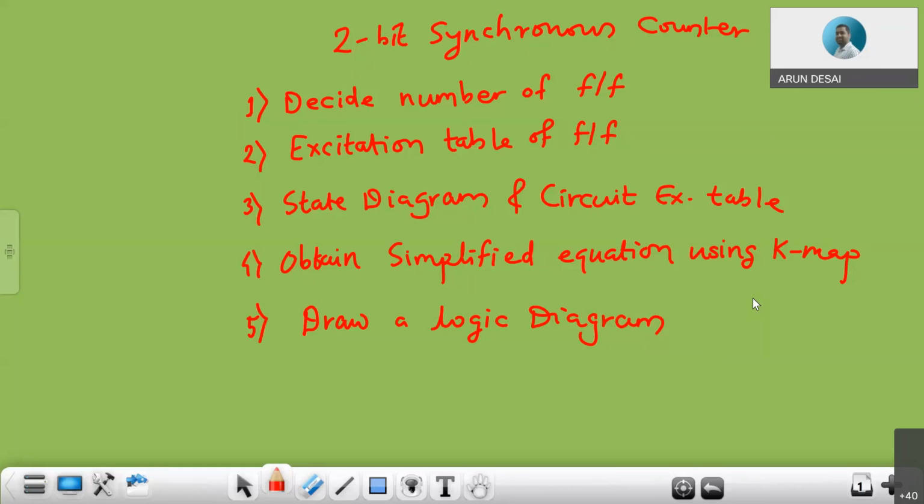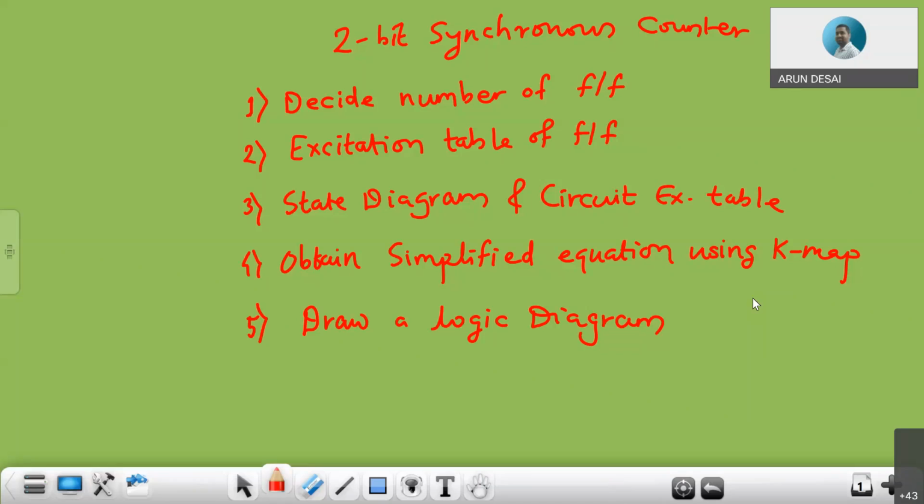For a 2-bit synchronous counter, you need to keep 5 steps in your mind. First, you need to decide on the number of flip-flops required to design the circuit. Then the excitation table of the flip-flop that you are going to use.